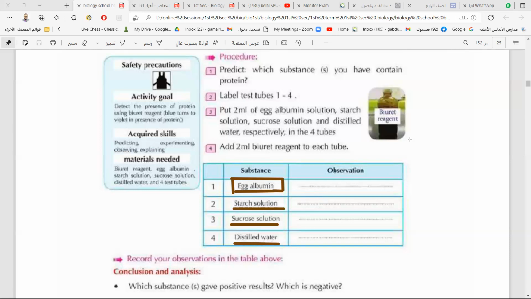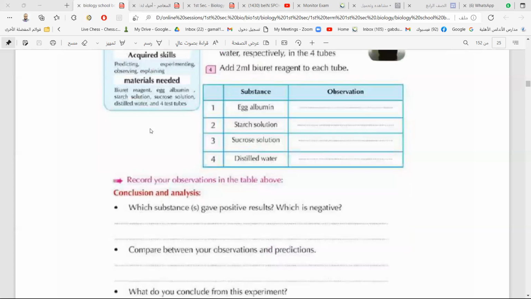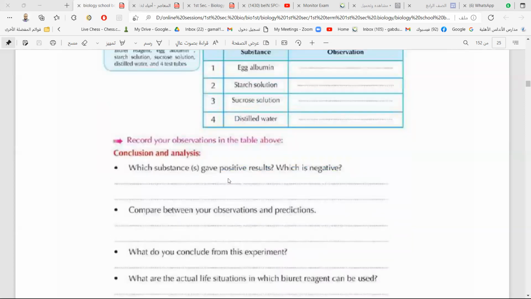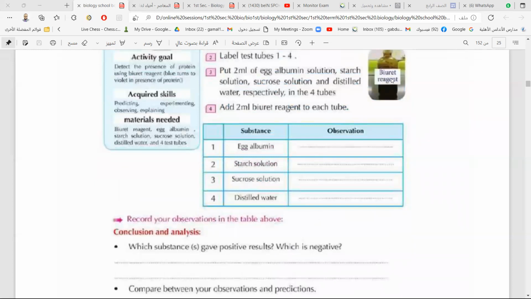And we have a reagent called Biuret reagent. If we add the reagent to these samples, which of them gives a positive result? Only one of them, the egg albumin, gives a positive result. The color of the Biuret changes into violet or purple in only the egg albumin.